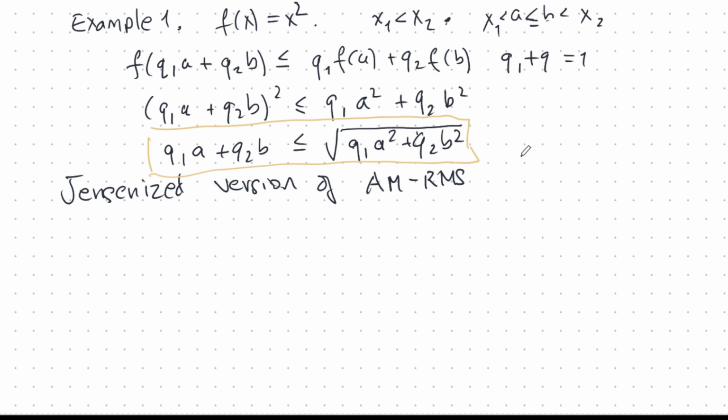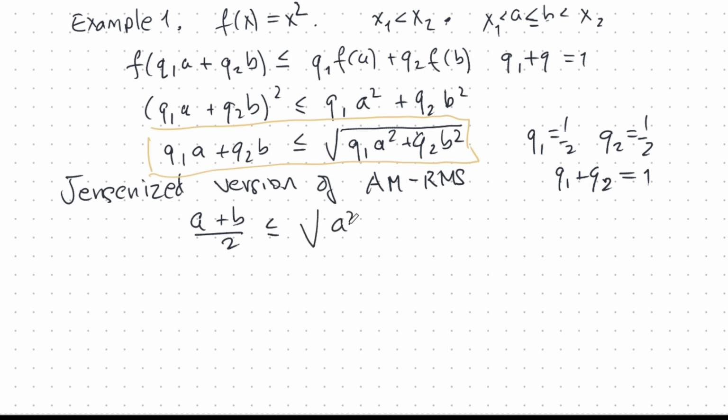We'll take Q1 is 1/2 and Q2 is 1/2. These two add up to 1, so that's a legal choice. And if we put those two in for Q, we get A plus B over 2 is less than or equal to the square root of A squared plus B squared over 2. And this is actually RMS. That's the usual one, you see.